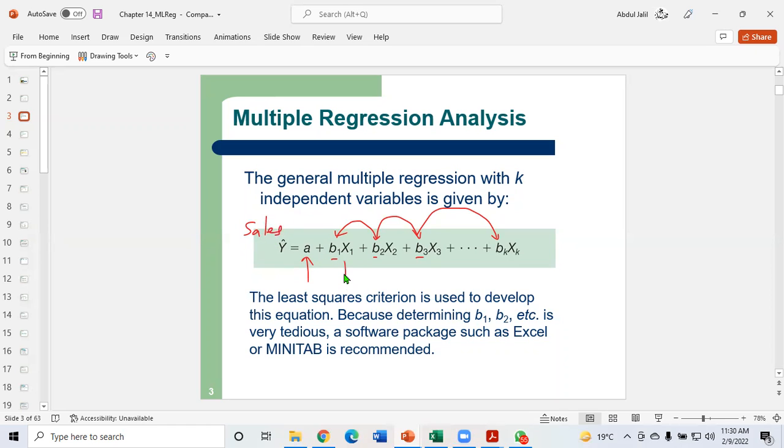Let's suppose price, taste of people, income, fashion. Usually fashion is covered under taste. Number of customers, market size. If I may use the word market size, right? So many variables are there.